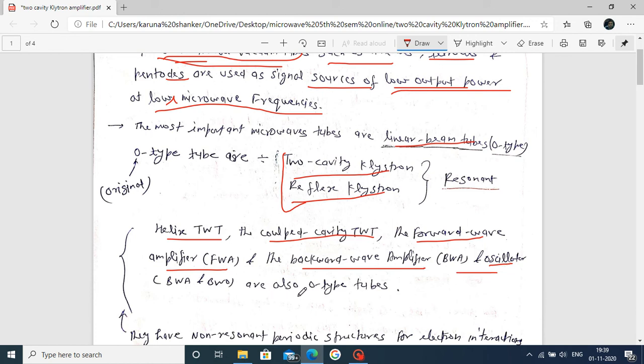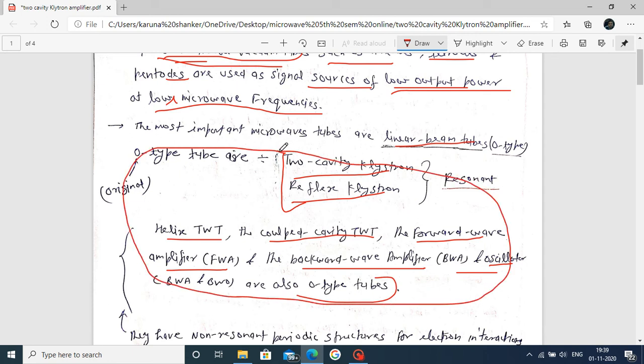These are the O-type tubes, which are categorized as linear beam tubes.